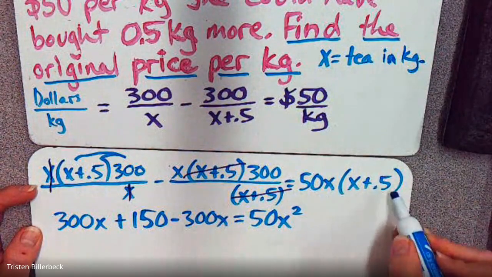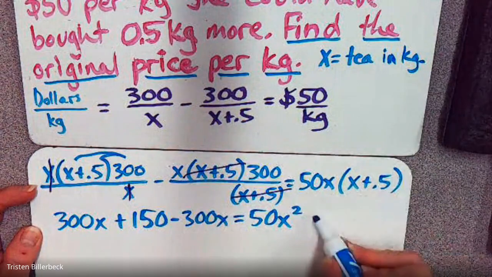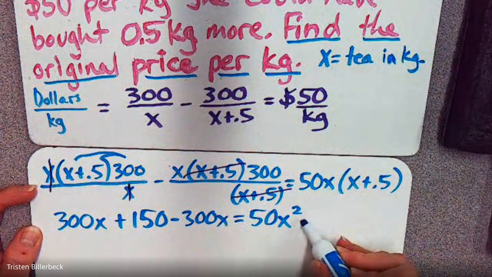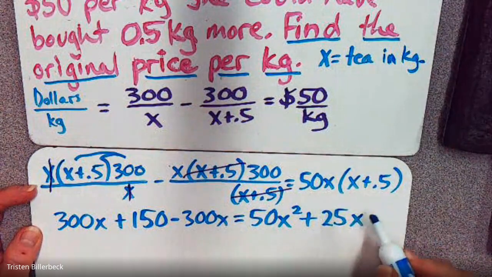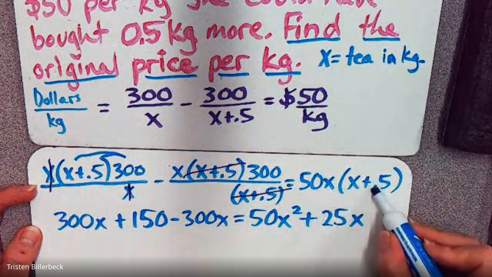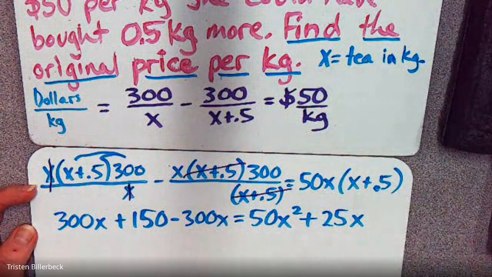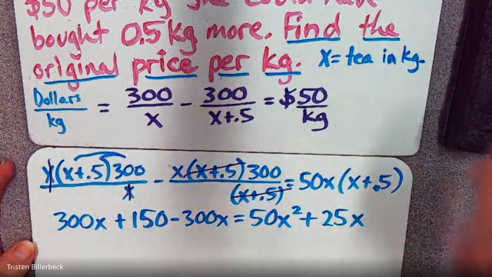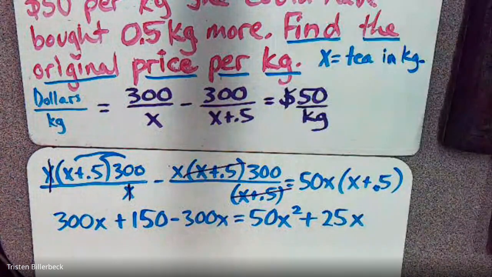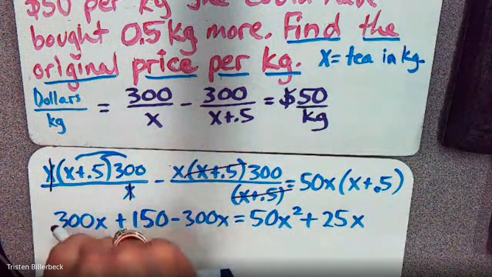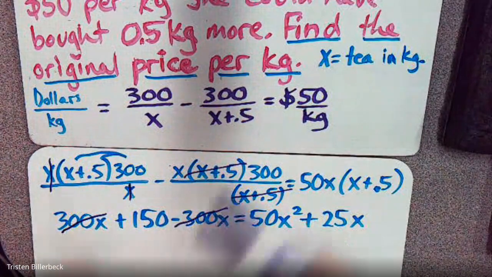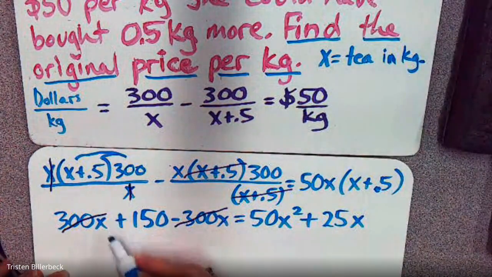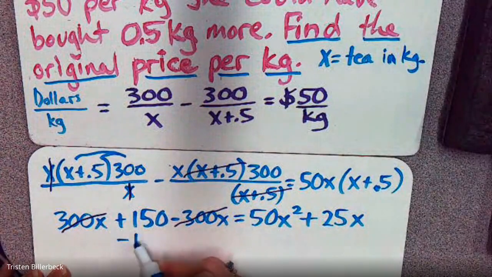And 50 times x times 1/2 is just half of 50, which is 25x. So just get in your mind that 0.5 is 1/2, okay? 1 is a whole, 0.5 is 1/2. Oh, look at this. So we have 300x minus 300x. Bye. Life is good. And then we just have to subtract 150.